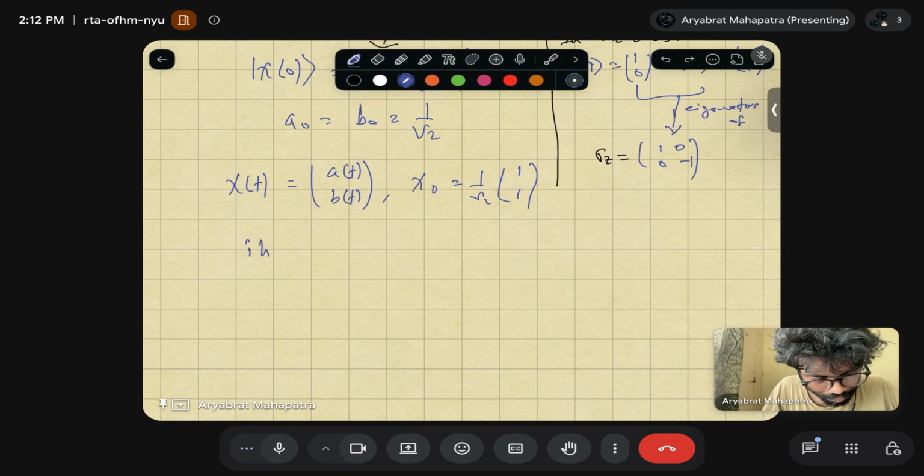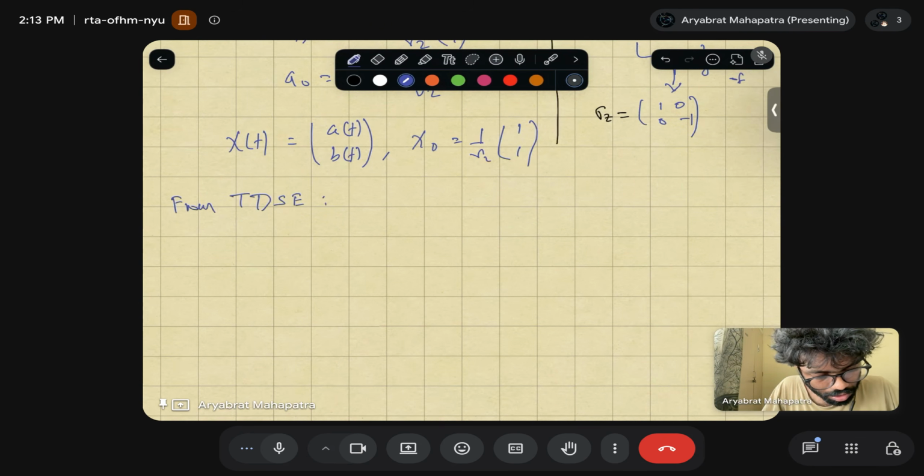We have to use the time dependent Schrodinger equation, because again we have a time dependent Hamiltonian system. From the time dependent Schrodinger equation, we have i h bar del chi over del t equals H chi.